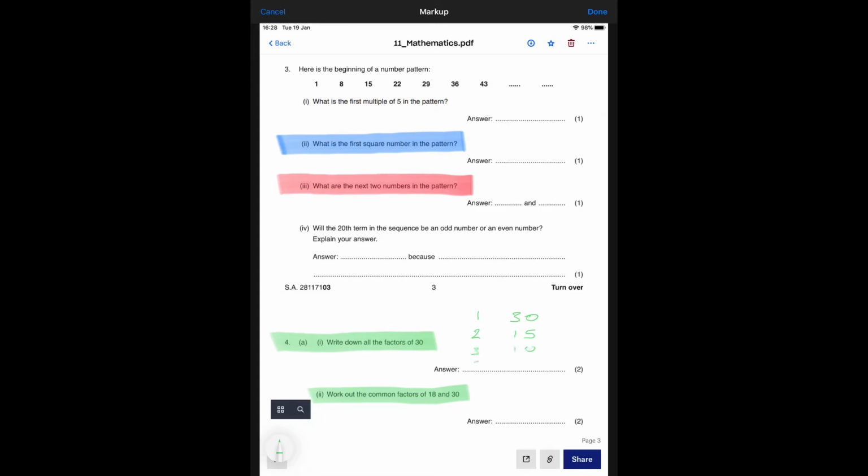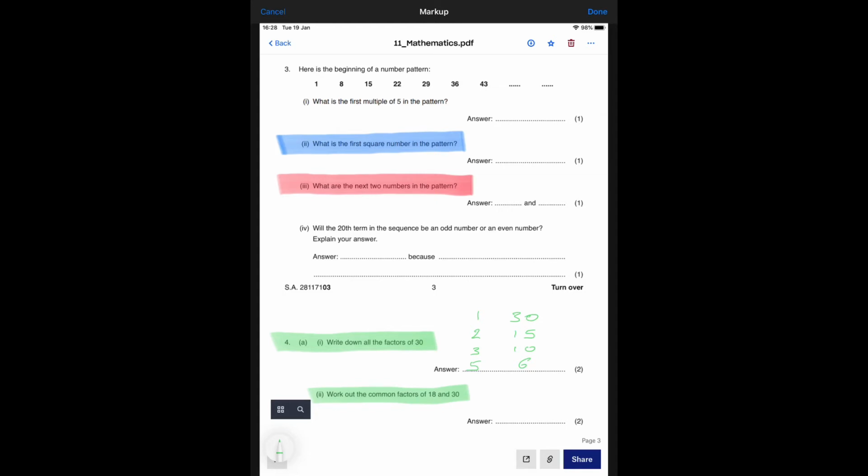Let's check 5, which 30 is in the 5 times table. 5 multiplied by what makes 30? 5 multiplied by 6. That means we don't need to check 6 separately. After 6, we can check 7. 30 isn't in the 7 times table. Is 30 in the 8 times table? No, it's not. Is it in the 9 times table?